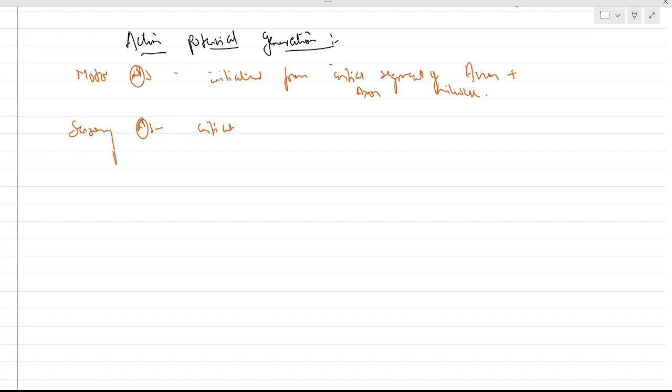it is initiated from, remember, the first node of Ranvier. We have seen before, the nodes of Ranvier have the highest concentration of sodium channels. So the first node of Ranvier is the site of generation of action potential in sensory neurons.